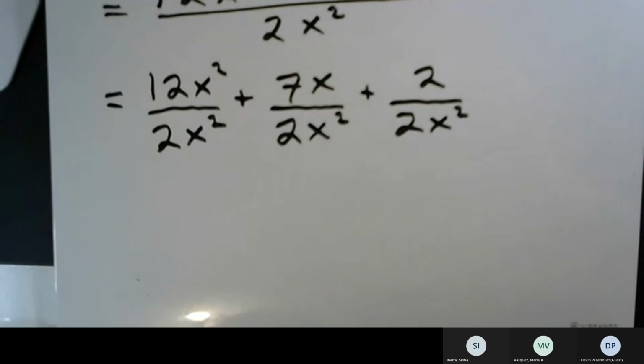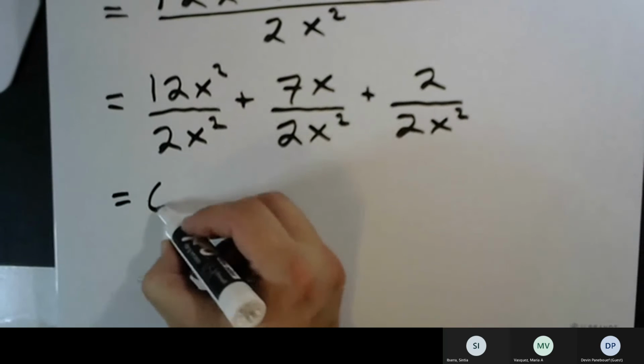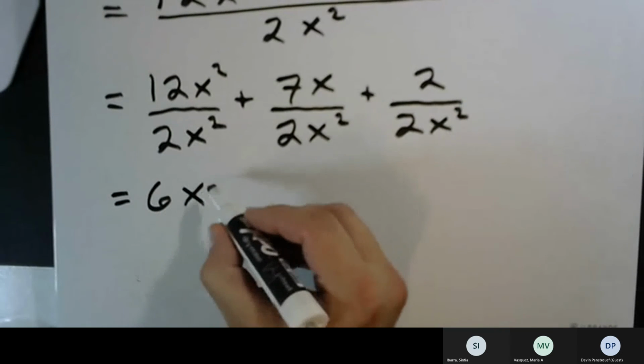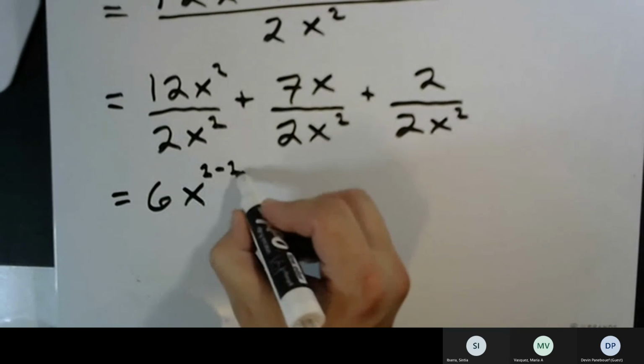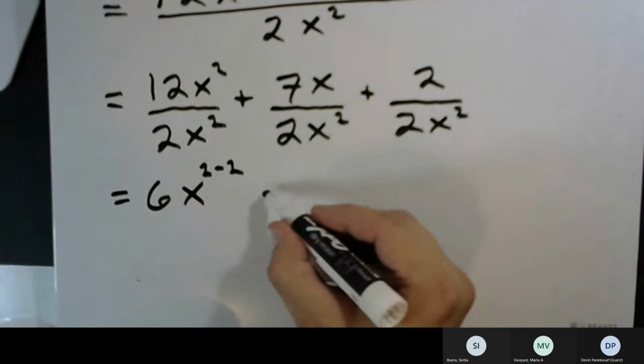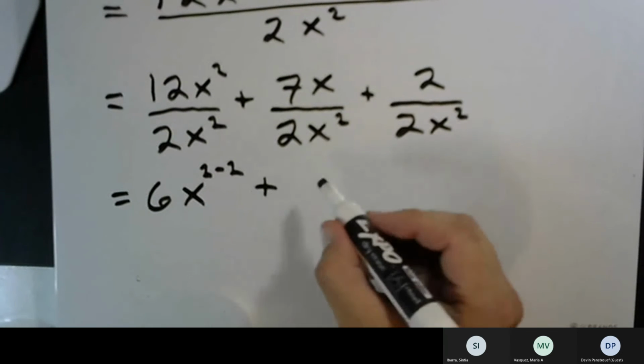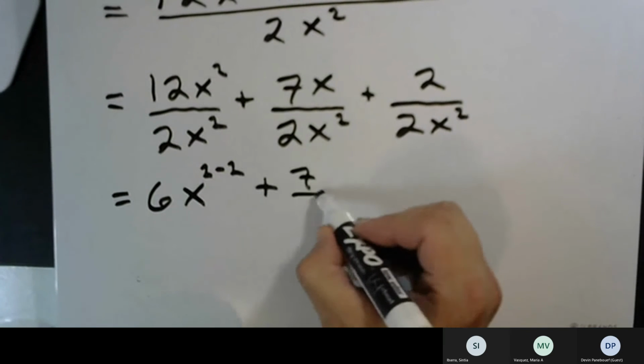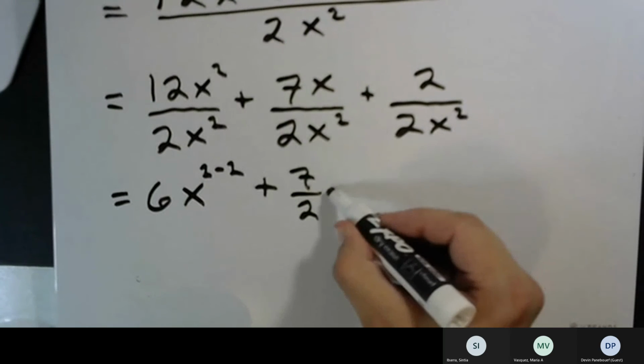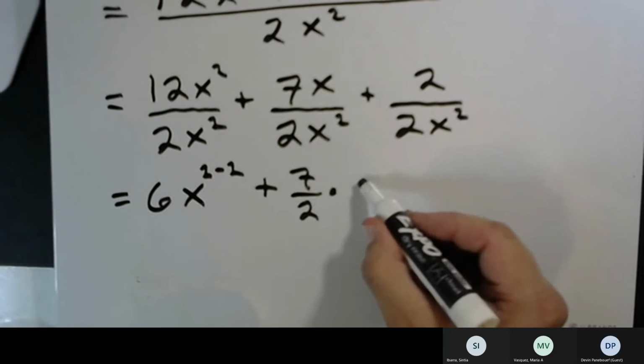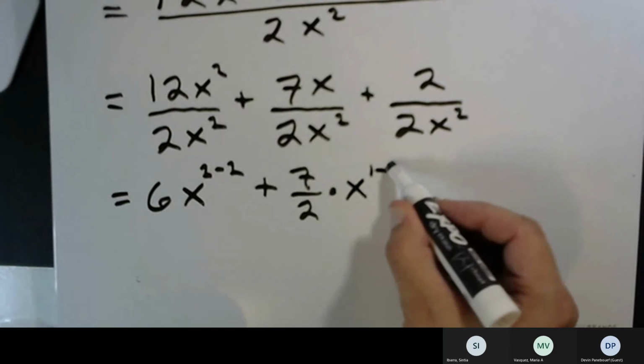Well, 12 divided by 2 is 6. This will be x to the 2 minus 2. This one, we're just going to get a fraction of 7/2 times x to the 1 minus 2.